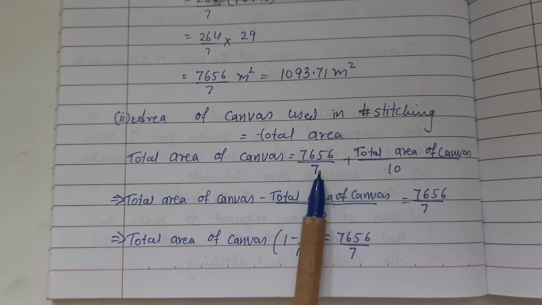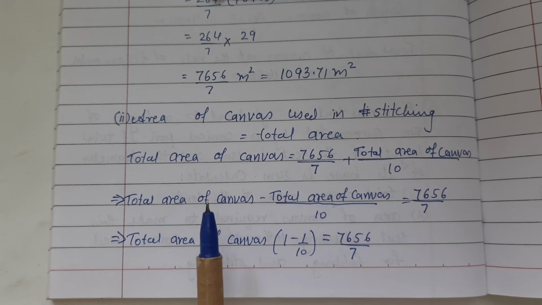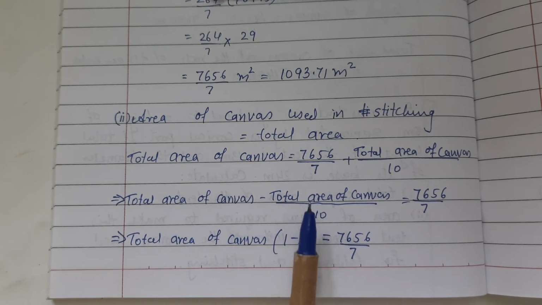Area of canvas used in stitching: total area of canvas is equal to 7656 upon 7 plus 10% of it. So total area of canvas upon 10. Therefore, total area of canvas minus total area of canvas upon 10 is 7656 upon 7. This is 1 minus 1 upon 10. So total area of canvas into 1 minus 1 upon 10 equal to 7656 upon 7.